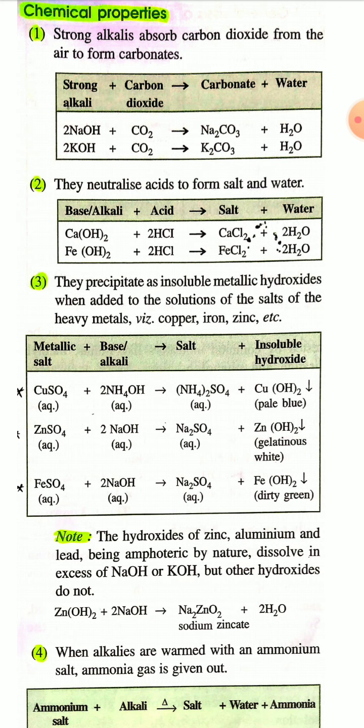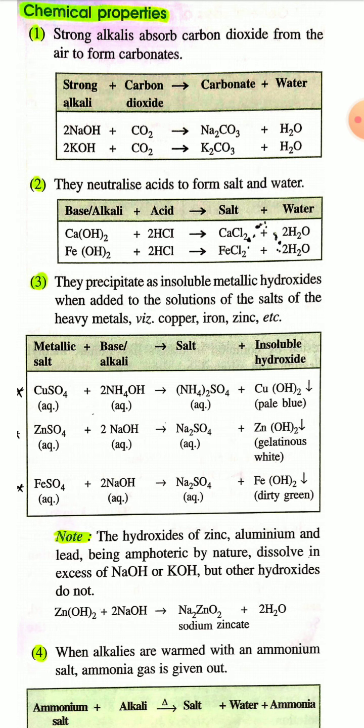And the third chemical property of bases. I have told this one in the preparation of some bases from a base by double decomposition reaction. These are the chemical reactions of bases also.